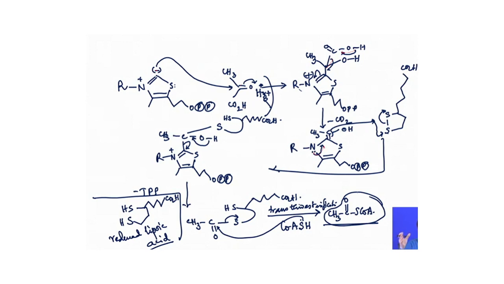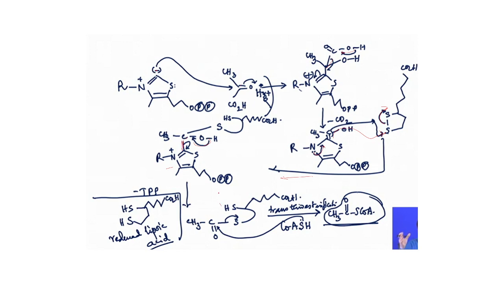Again, the nitrogen lone pair will push, and it will attack the disulfide bond of lipoic acid, and this will cleave. After this, what will happen? The lipoic acid will get connected to this carbon, and this will be OH. Then H will release, neutralize this charge and break this C-C bond.